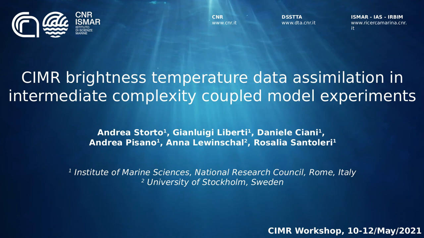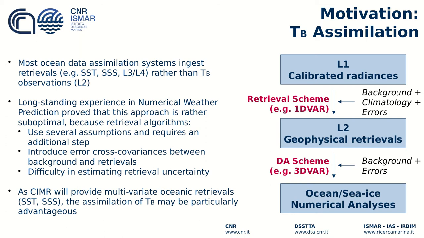I will show you some preliminary results from assimilating CIMR brightness temperature into a simplified coupled model. The two main motivations for this work are, first, in the ocean community, it is usual to assimilate geophysical retrievals with respect to brightness temperature, and this approach has been found quite suboptimal by numerical weather prediction because it introduces some cross covariances between background and retrievals.